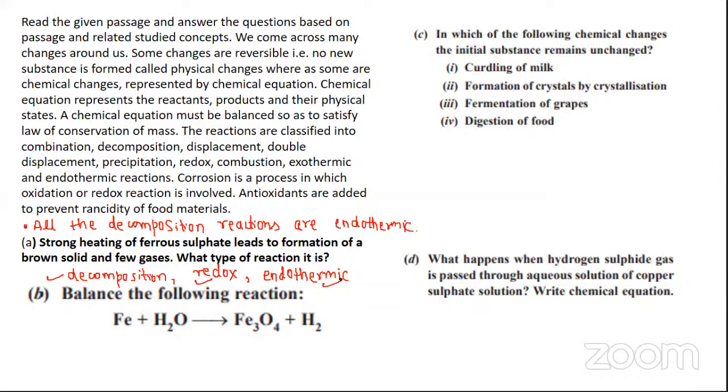Now the question arises: why are all the decomposition reactions endothermic? Can anyone explain? Because energy is required in the reaction, not given out. Okay. Yes, sir. What really happens in a decomposition reaction is bond breaking, right?